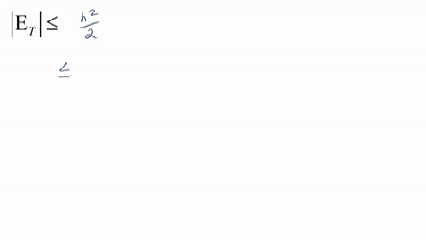So that gives us less than or equal to 0.1 squared over 2, which equals 0.005. And we know that that is less than or equal to 0.01. So there we showed that if h is less than or equal to 0.1, then the error will be less than or equal to 0.01.